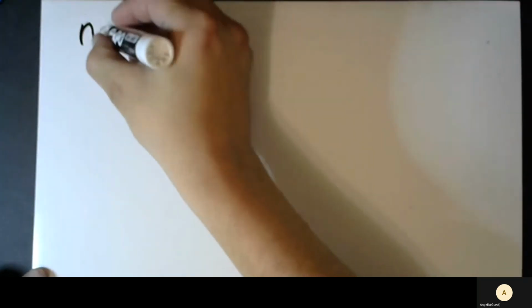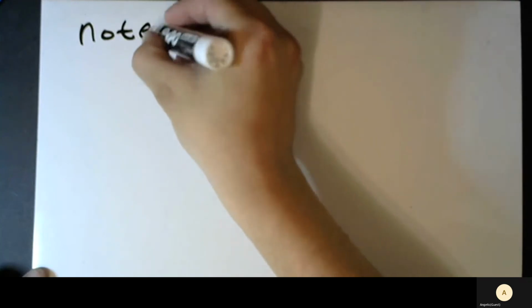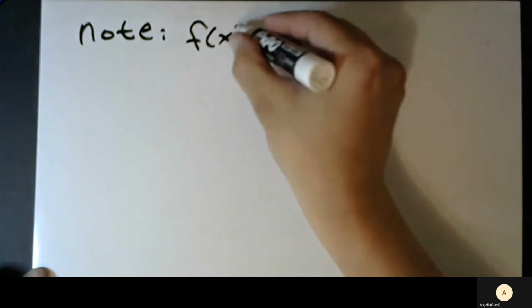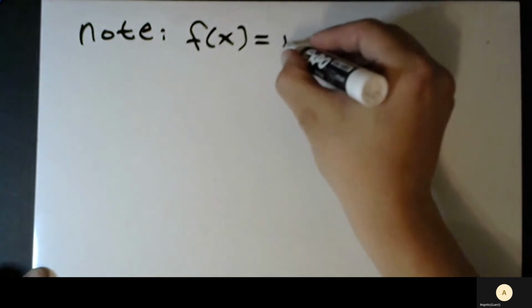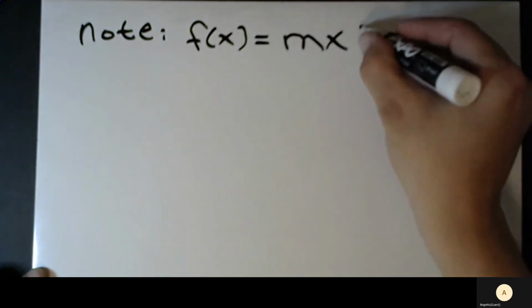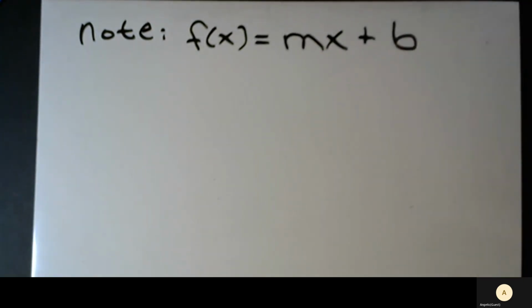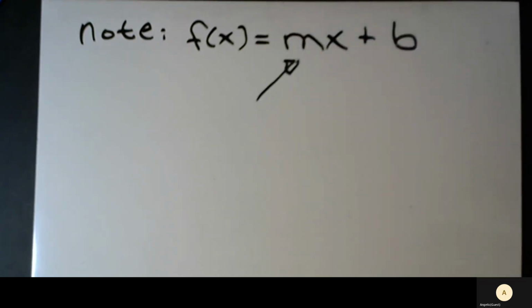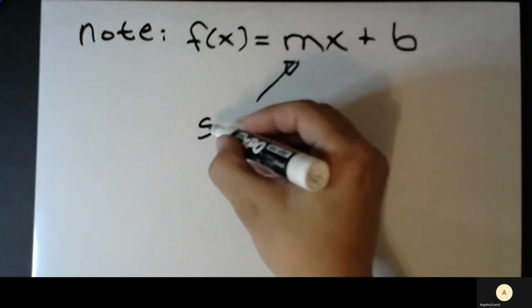If we take f of x, and it's mx plus b, where m and b are constants, the number in front of x is something we call the slope.